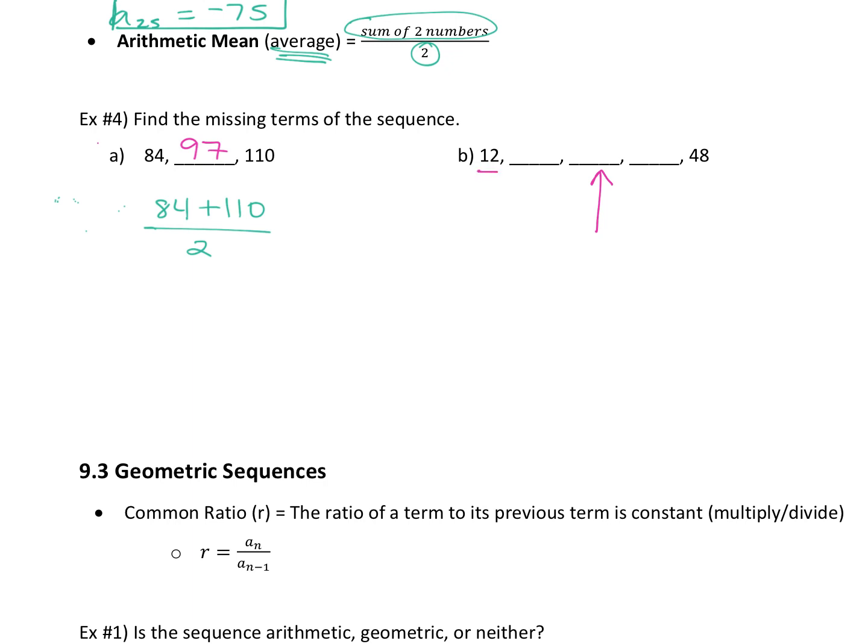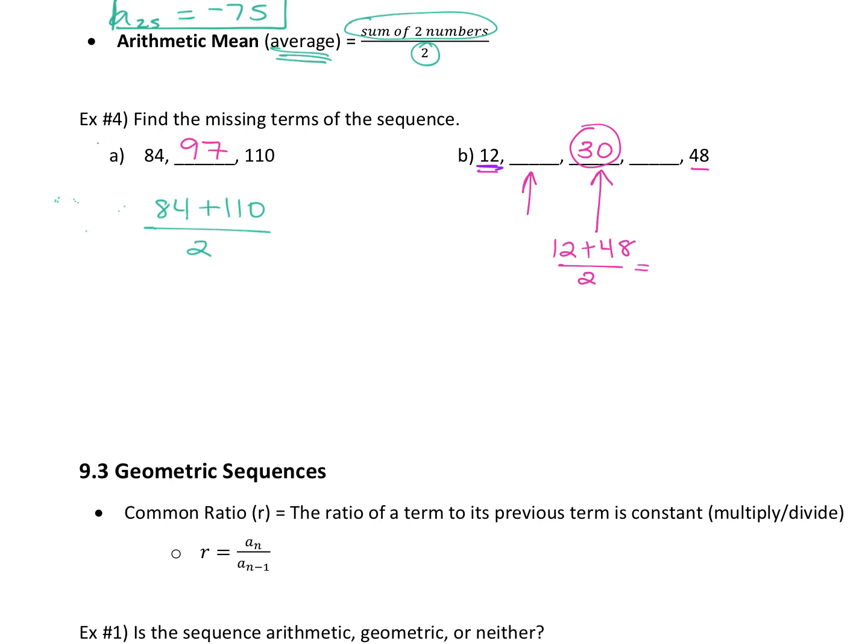If you take 12 and 48, this one in the middle is your average. It's your middle, right? So 12 plus 48 divided by 2 is going to be 60 divided by 2, or 30. Okay? Do you see a way to find this guy now?